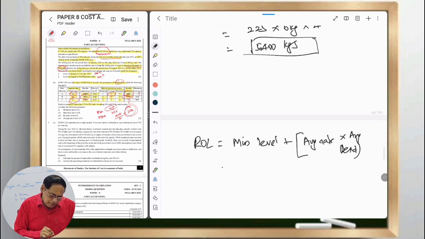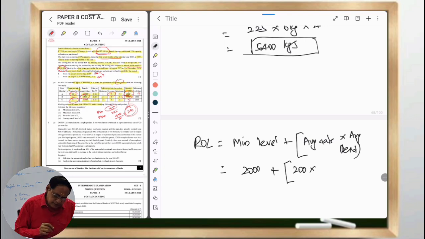So minimum level we know, 2000 plus average, 200 units into 6 kg used, actually C's 6 kg, into average period 3, C's 2 plus this period 3 into 3.